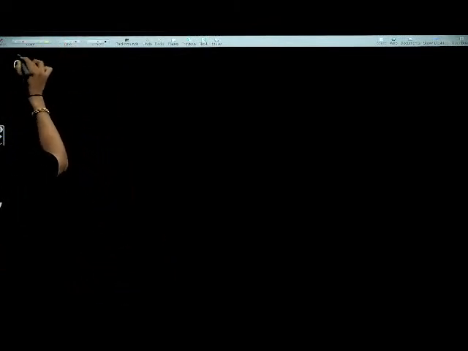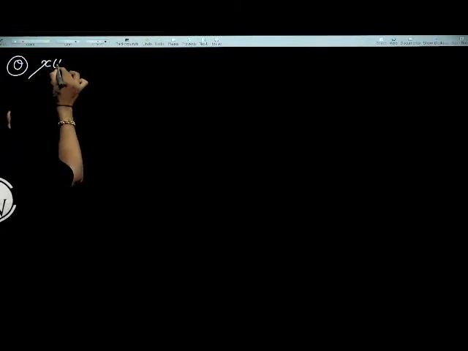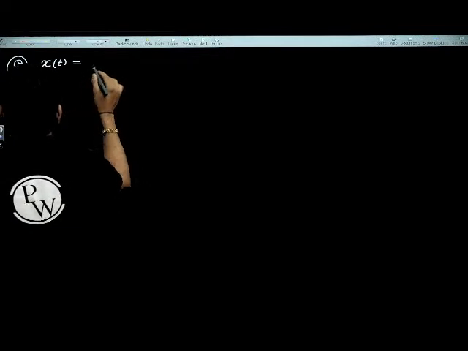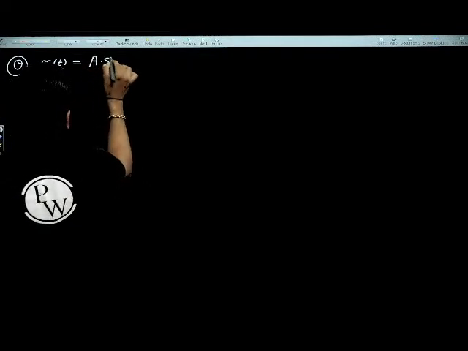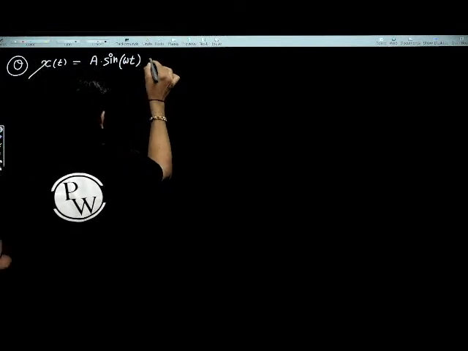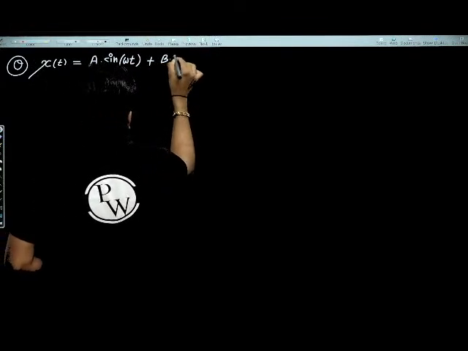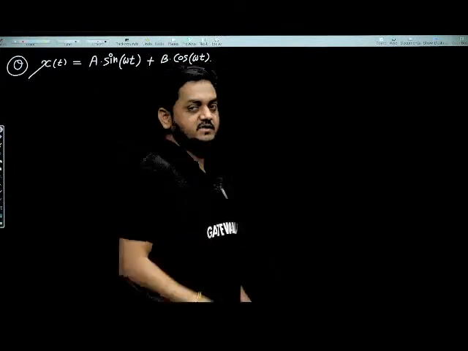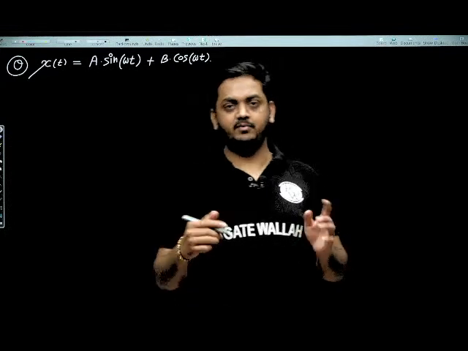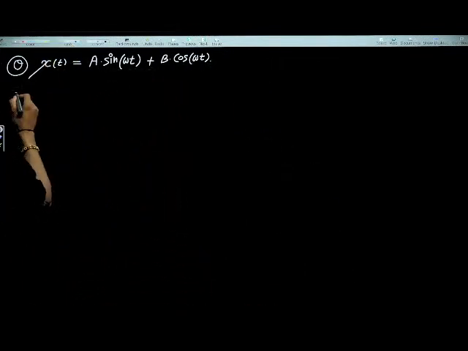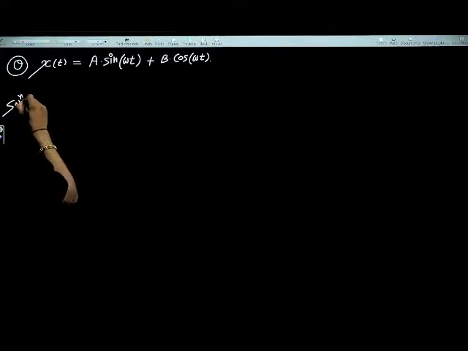That means, what I am saying guys, if x of t is equal to a sin omega t plus b, suppose, cos omega t, same frequency guys, this is very much important, same frequency.